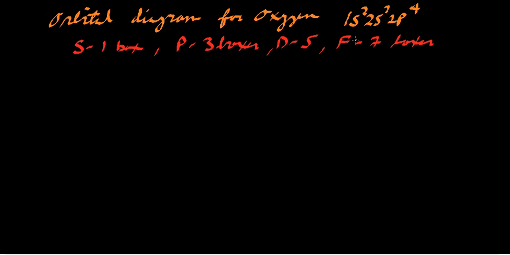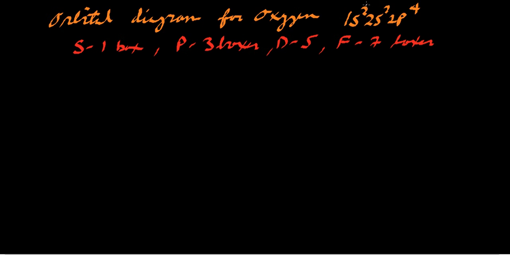An easy way to remember this is when you have your electron configurations, S only has a maximum of 2. Divide by 2 to get 1. That's 1 box.